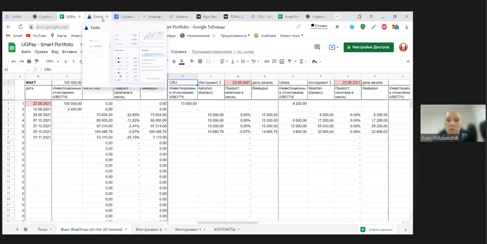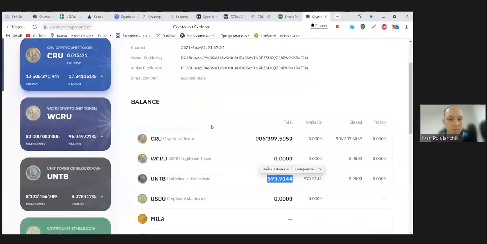Sorry, Ivan is frozen. Sooner or later, the company, by selling the license, actually managed to buy almost 1 million CRUs on the exchange, and they were transferred to our wallet.